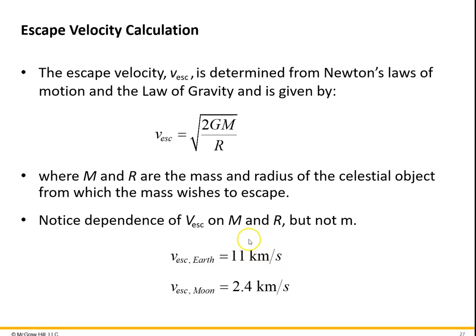If you were raised in the United States, you think in miles per hour. So this value is closer to about 25,000 miles per hour. That's the escape velocity from Earth. That's why you need a rocket, to be traveling that fast.